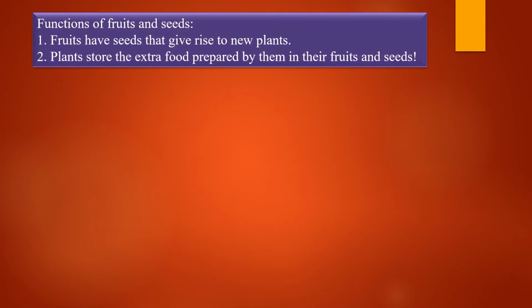Then functions of fruits and seeds. What is given here? Functions of fruits and seeds. Fruits have seeds that give rise to new plants. So, what is said here? Fruits give rise to a new plant, means new baby plant.